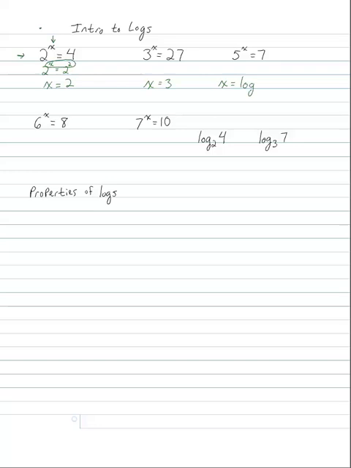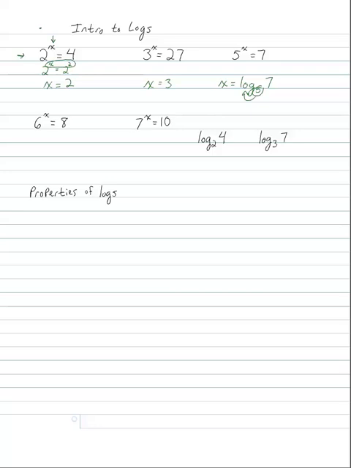They said, okay, log is going to enter when my x was in the exponent. My base was 5, so I'm going to call this log base 5 of 7. The way to read a log is: 5 to the what gives me 7?